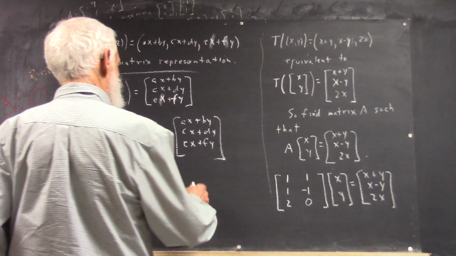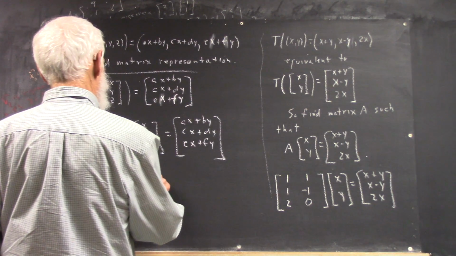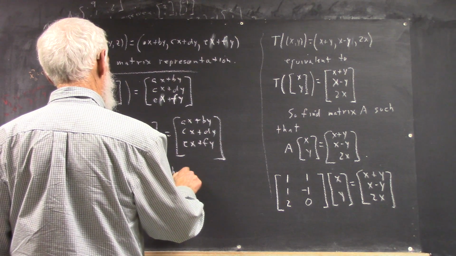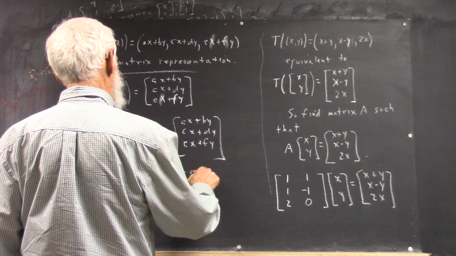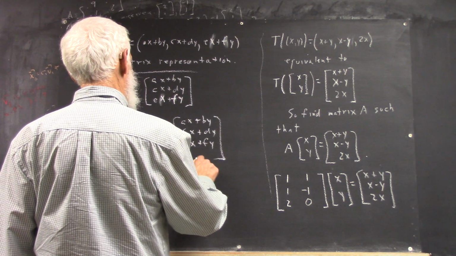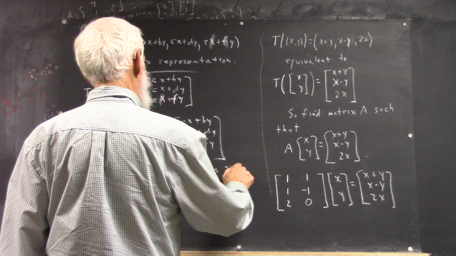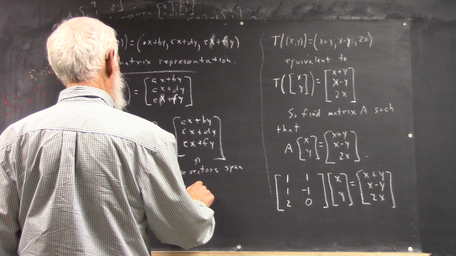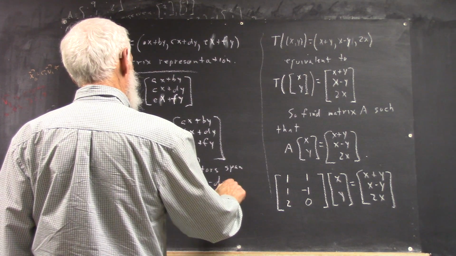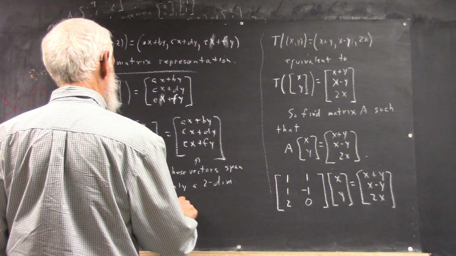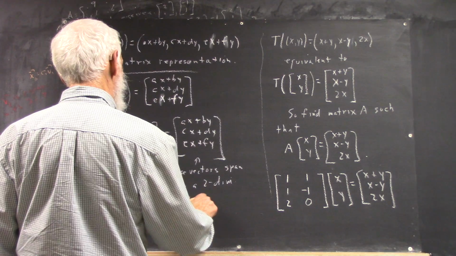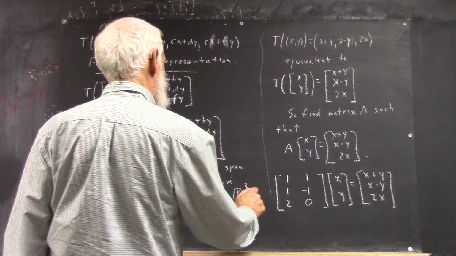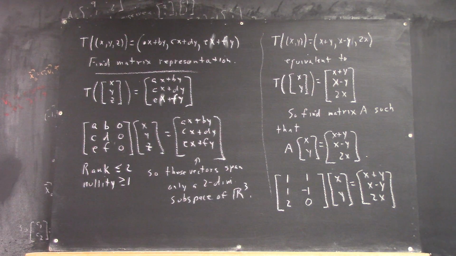So these vectors span only a two-dimensional subspace of R3. Okay?